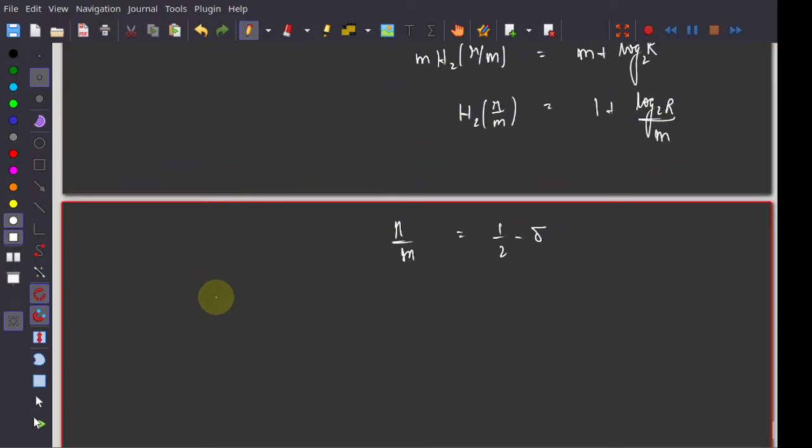And what did we say of the minimum distance? This is greater than or equal to 2 to the m minus r, by m.